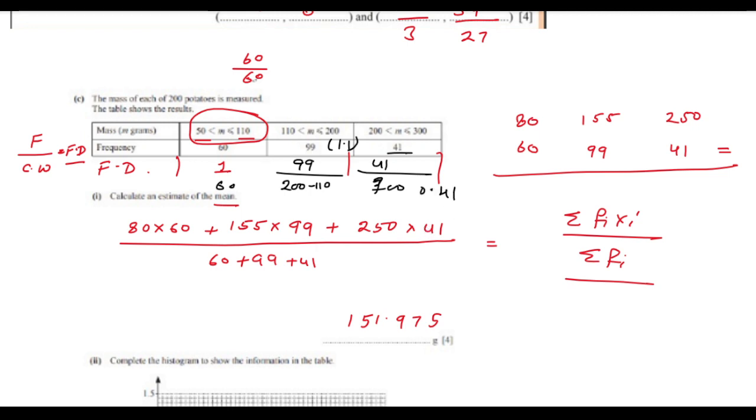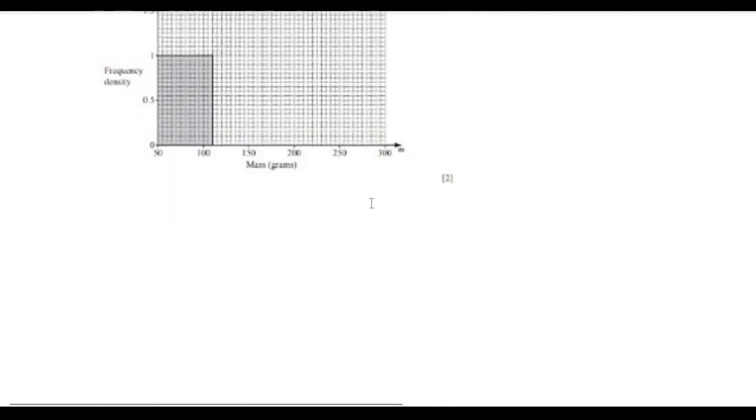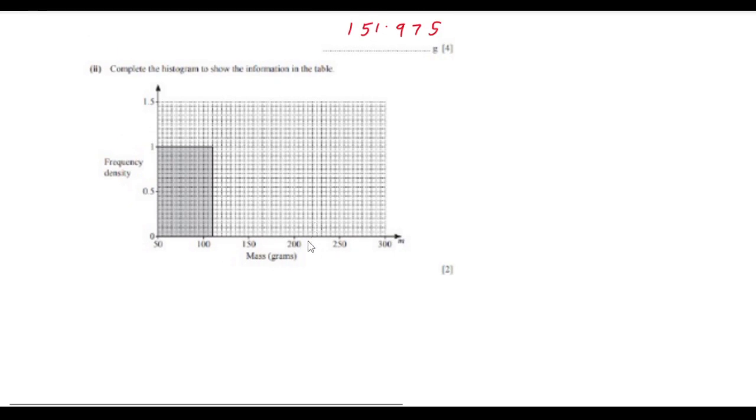Now from 110 to 200, I got my answer as 1.1. Between 1 and 1.5, I might have 10 lines, 1 2 3 4 5, yes, 10 lines. So 0.5 represents 10 lines, and 0.1 will represent 2 lines. So up to here I will draw another bar like this.